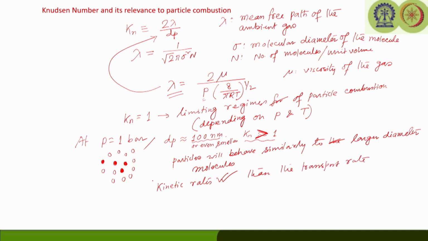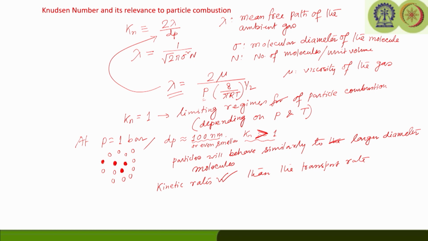Okay. So, you can say the spatial non uniformity may not exist at all, because the smaller diameter is almost closer to the diameter of the larger molecule of the gas. In that case the transport rate of reaction or even energy will not be affected much from the particle surface to away from the surface, but within the particle itself there may be some spatial non uniformity of the transport rate.